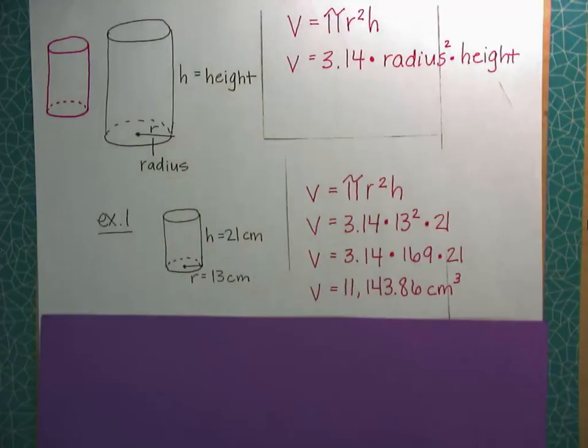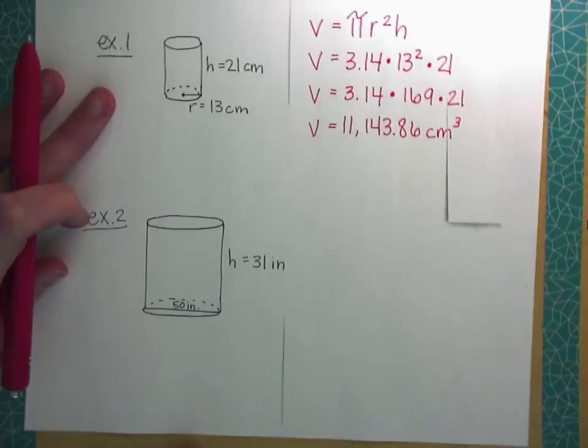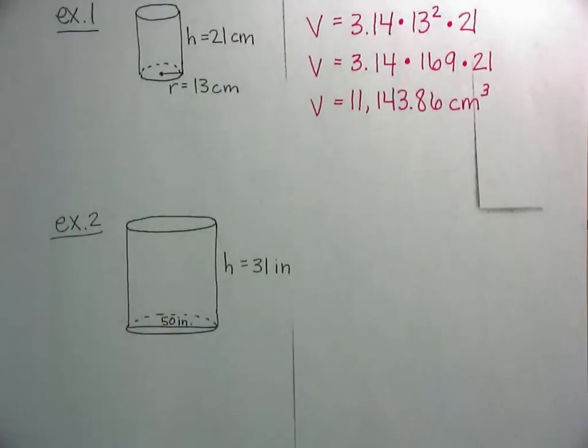Centimeters cubed. Good. You guys know cm stands for centimeters. All right. Are there any questions so far? All right. Let's look at another one. Go ahead and draw this one.